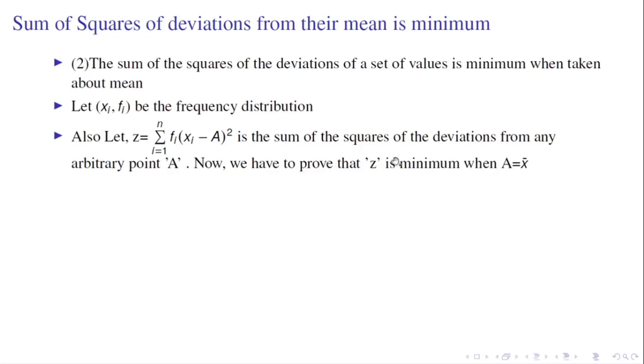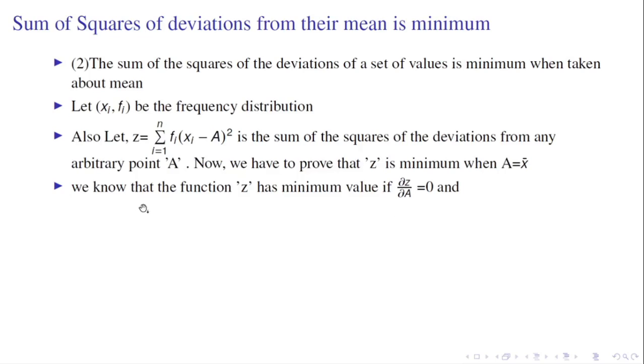Now we have to prove that this function z is minimum, and this z is minimum when a is equal to x bar. This is the property, and we know that the function z has minimum value if dou z by dou a is equal to 0. Here a is the arbitrary value.